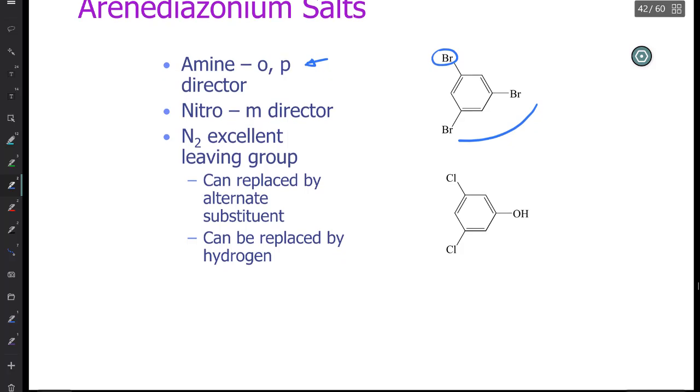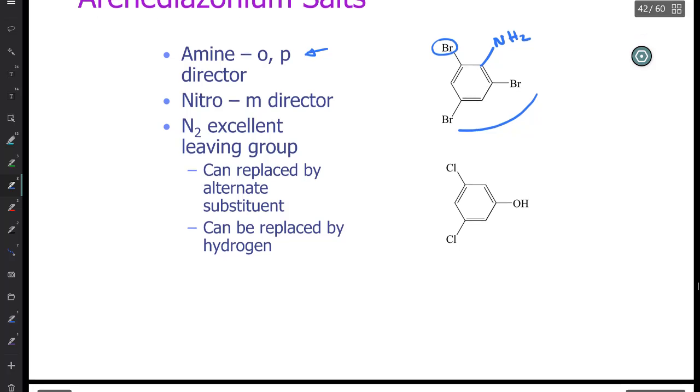The way this is done is by having an amine present prior to that step, and then adding the bromines. The aniline that you start with is active enough that you can do the bromination without a catalyst, and you add the bromines ortho and para to that group, and then you use a diazonium salt to replace that with a hydrogen or some other functional group.